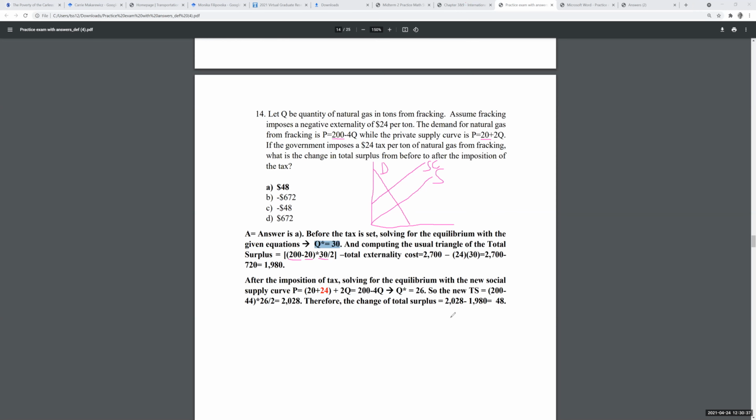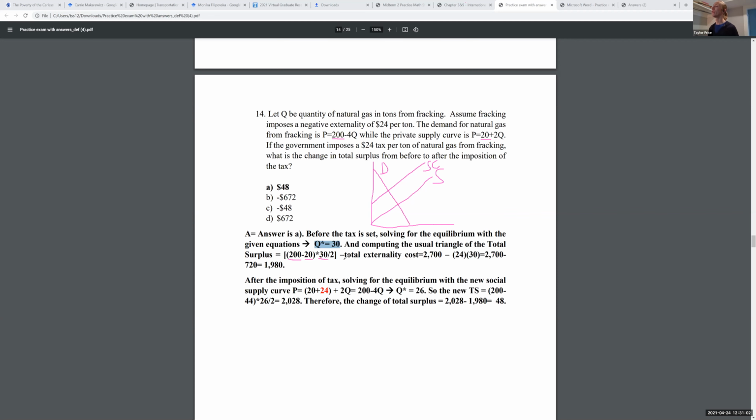I have a question. Yeah. So the general formula here would be total surplus equals total surplus minus total externality cost. Yes, exactly, a general formula like that all the time, when you're dealing with an externality. So it's not only for negative, it's also for positive externality?